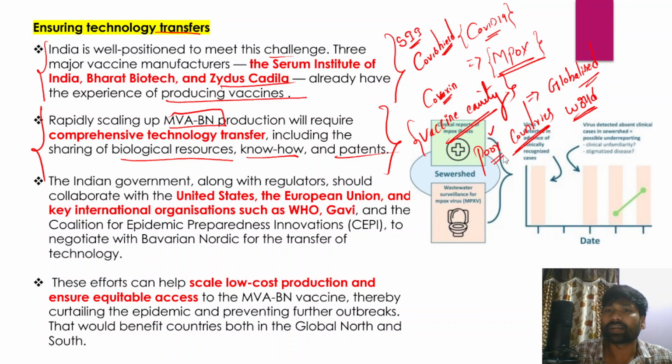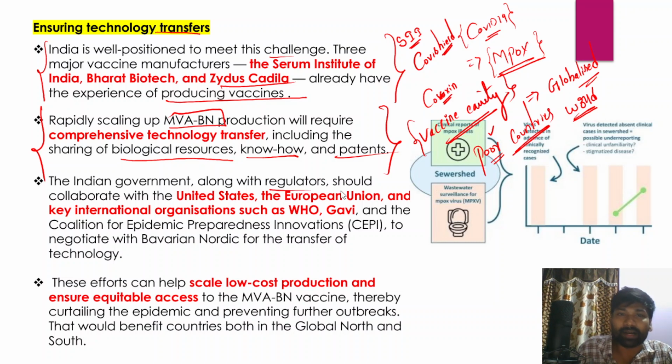So we need to ensure that the poor and underdeveloped countries are adequately vaccinated. For that to happen, technology transfer is very important for countries like India, which have better vaccine manufacturing facilities, while at the same time making vaccines more and more affordable as well.